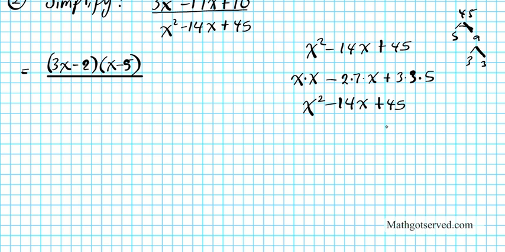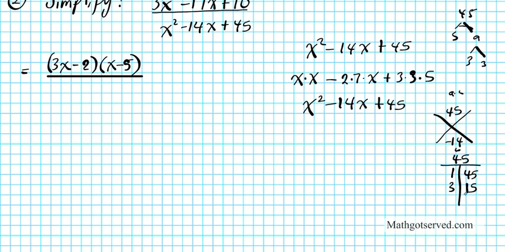Now, we want to factor by grouping, so we need 4 terms, alright? So we make our x again. AC goes on top, B goes on the bottom. Alright, what pair of numbers work here where the product is 45 and the sum is 14? So using 45, we know 1 goes into 45 45 times. 3 goes into 45 15 times.